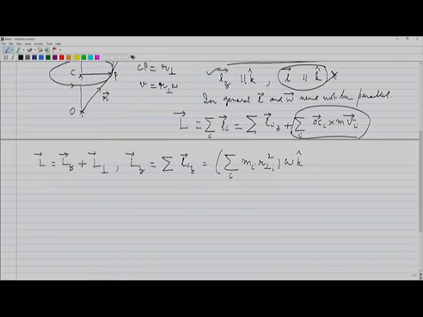Omega is the same for all masses at every point, therefore omega can be taken out.